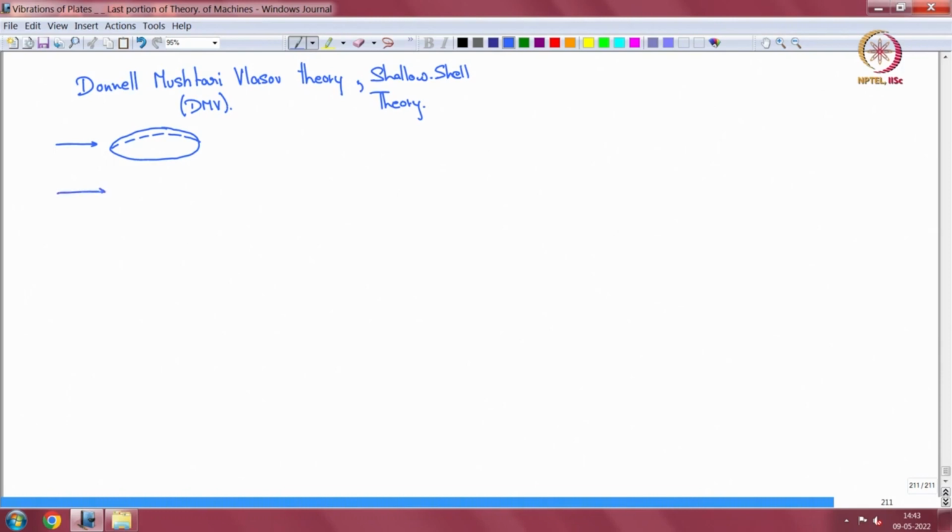Now there are Green function methods to find dynamics of shell structures. Okay. Then other approximations like finite difference approximations, okay, or even Galerkin methods. Okay.